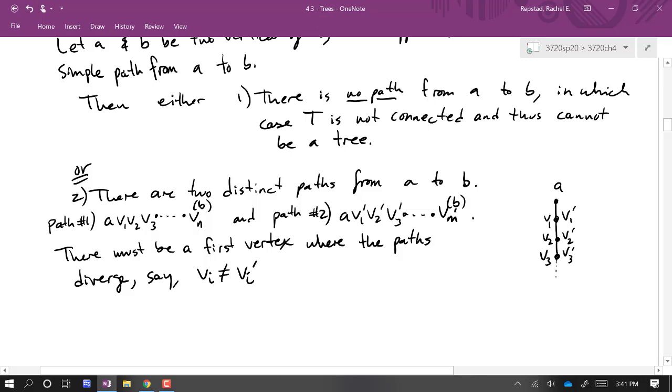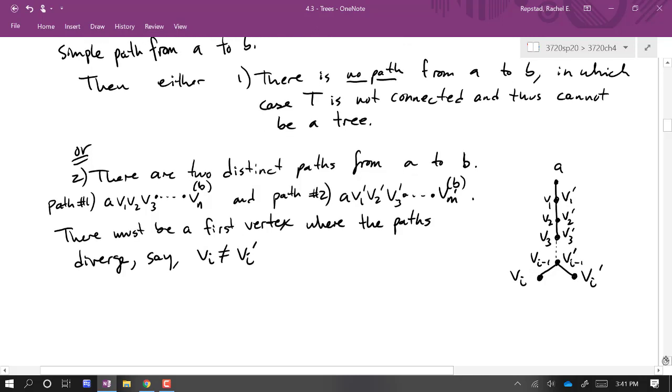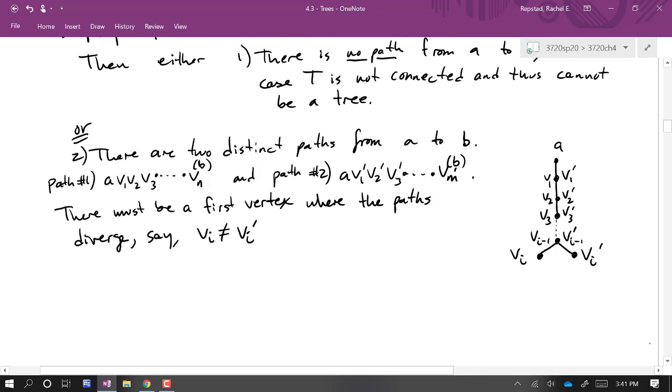And it keeps going, but then there's a first vertex where they're different, where there's this sort of branching. So there's our Vi and Vi prime. The last vertex where they agree is Vi minus 1, which is the same as Vi minus 1 prime. So that's where the paths first diverge.